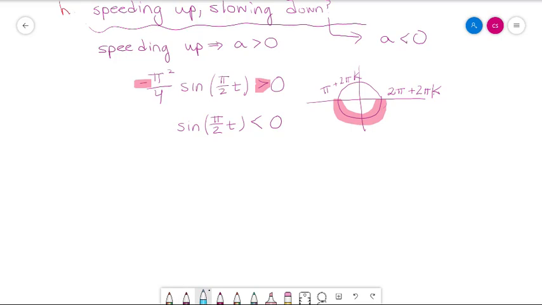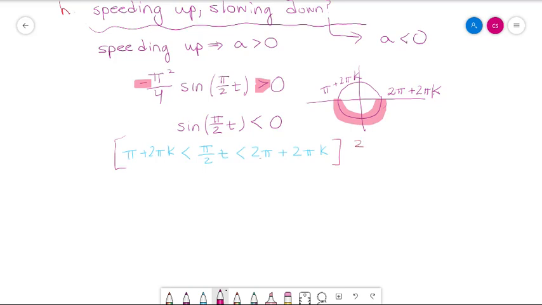Okay, so let's write that out. Okay, and then of course we solve in a similar way. What are we going to multiply every single term by? The reciprocal of pi over 2.